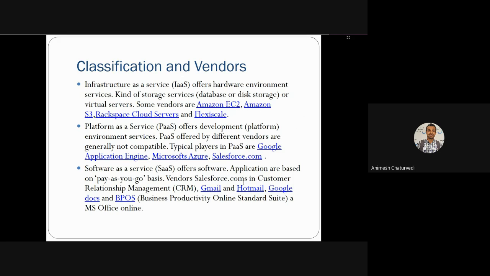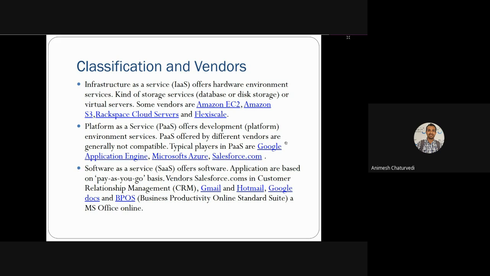Thereafter, classification and vendors. Infrastructure as a service is basically offered by the hardware environment. So what is infrastructure as a service? Storage or hardware, hard drives, or the like. Examples are Amazon EC2, Amazon S3, Rackspace cloud servers, and Flexiscale.